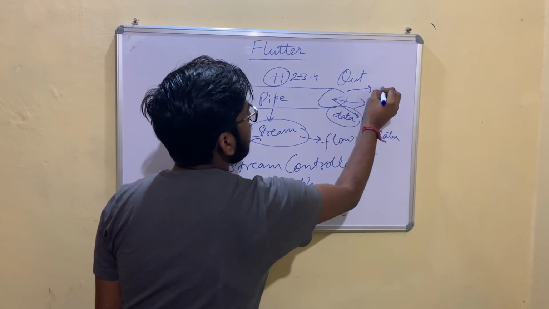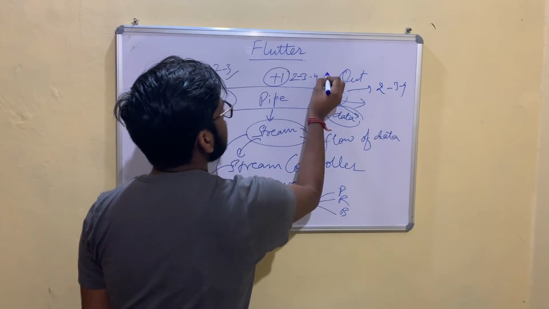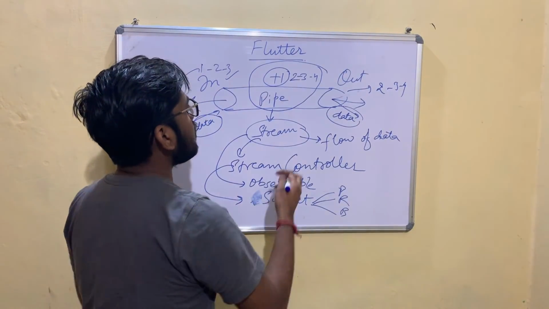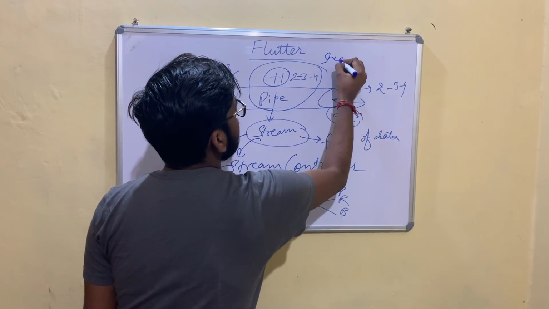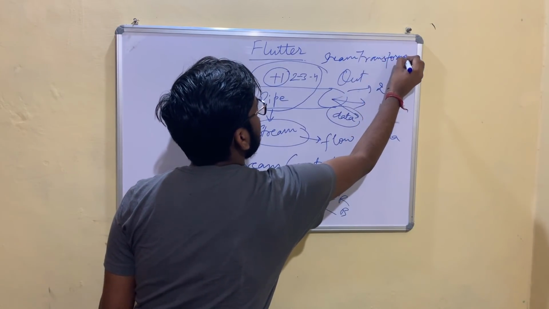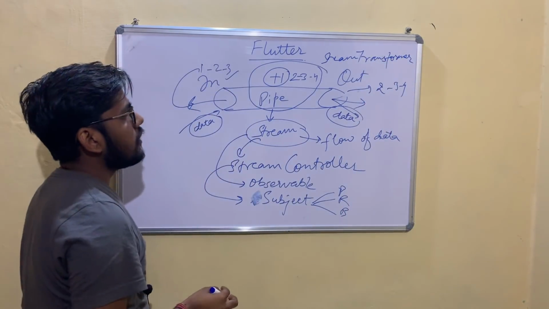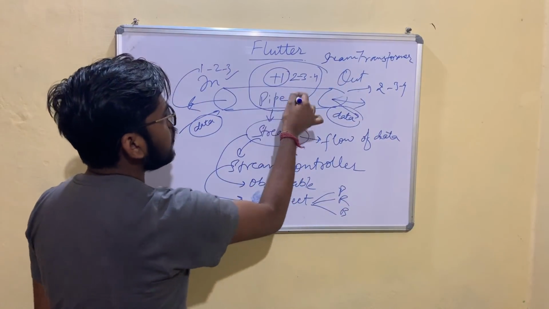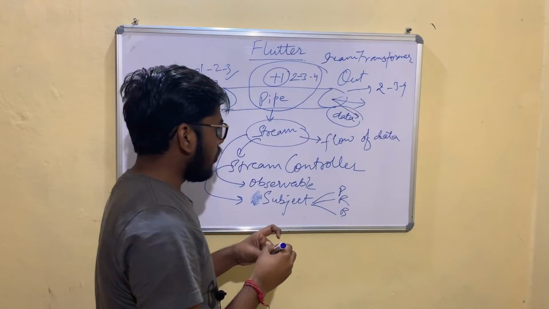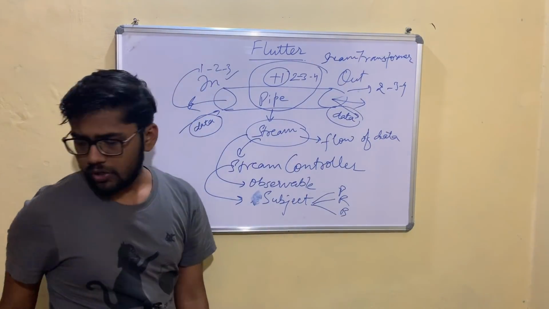So you will receive here 2, 3 and 4. So this particular process of changing or transforming the data is controlled by the stream transformer. Okay, so this is what we call the stream transformer, by which you can modify the data in between when it is still in the pipe. Okay, so let's talk more about it.